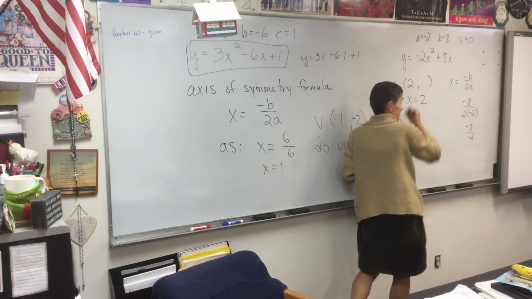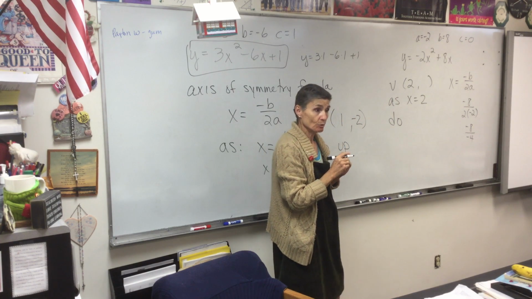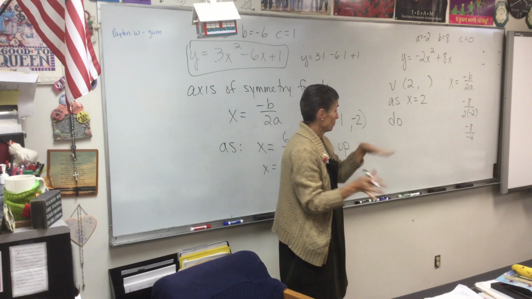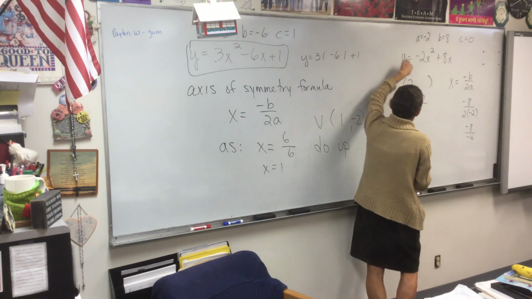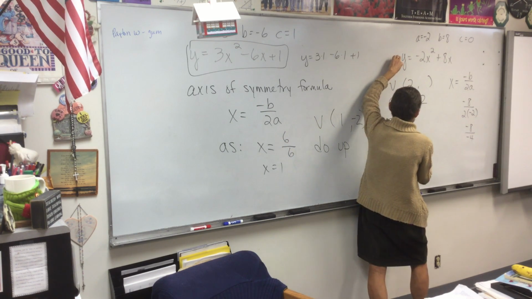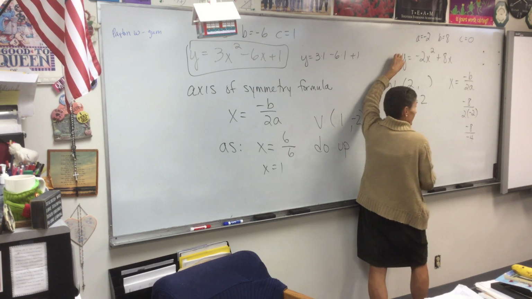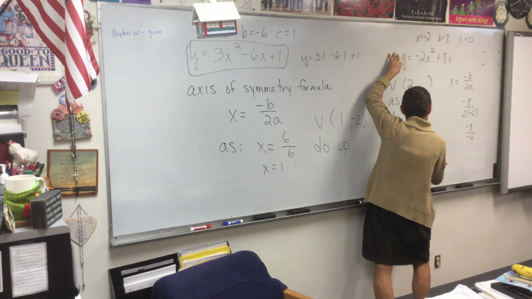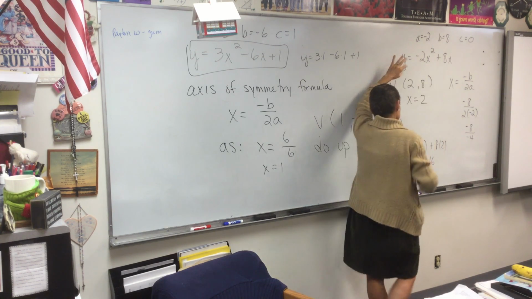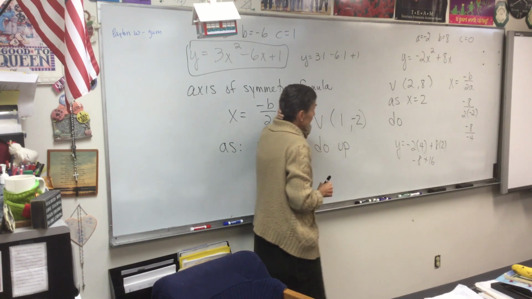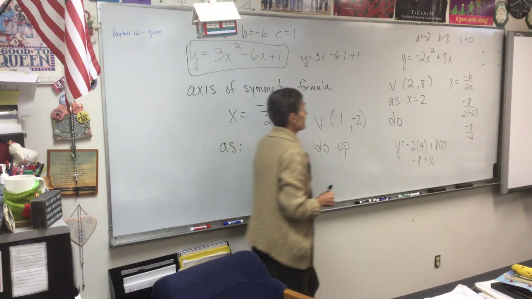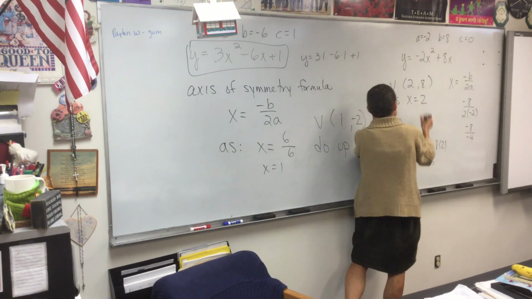I know the x is going to be 2, so then I'll just take my 2 and plug it in. So I'll go back to the equation, I'll have negative 2 times 2 squared, which is 4, plus 8 times 2. I got 8, but I'll let you double check my arithmetic. And which way is this one open? Down.